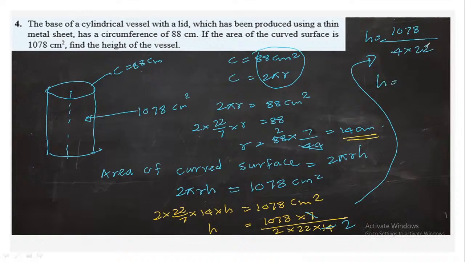Height equals... how many 4s are there in 27? There are 6. We can't divide it by 7.